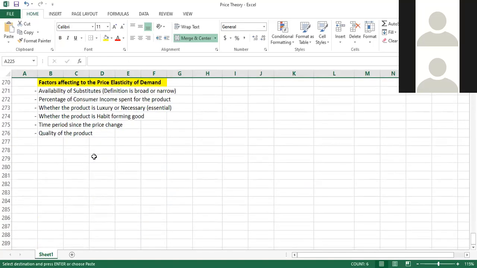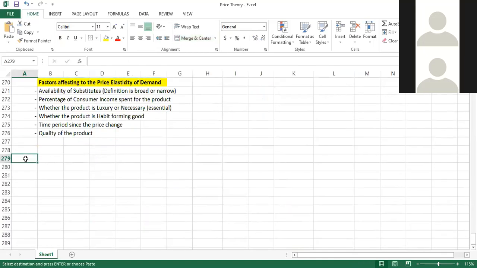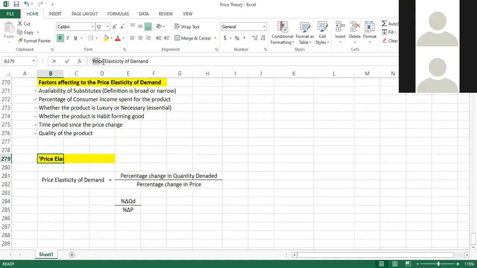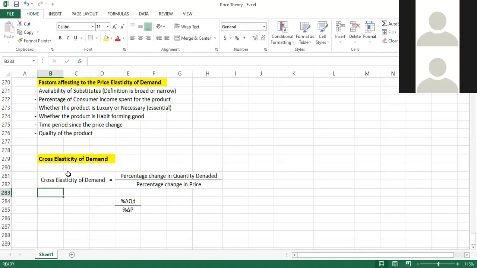So only a few things we need to identify relating to the other two main elasticity conditions. That means if we consider the cross elasticity of demand, what is the meaning of cross elasticity of demand?